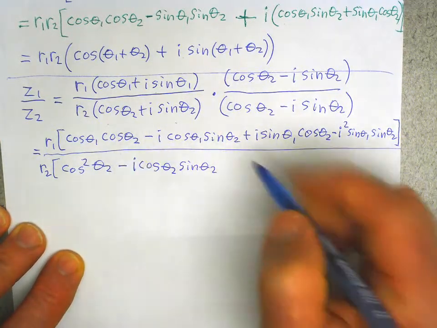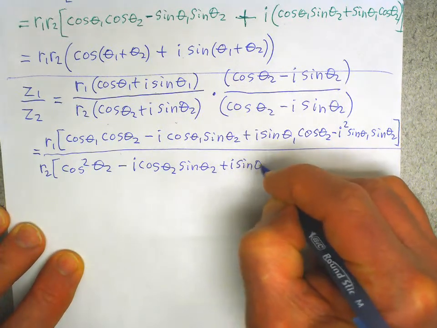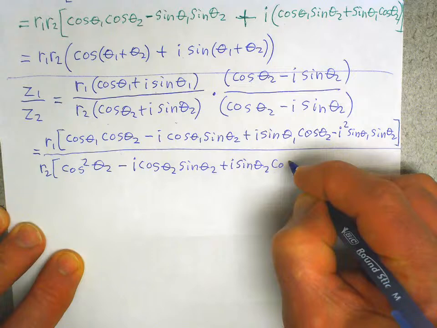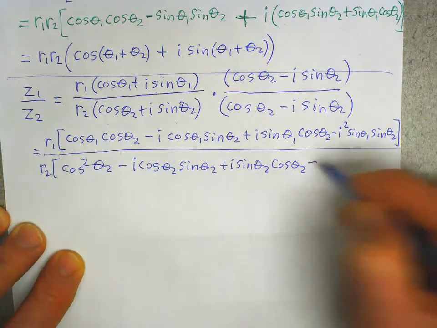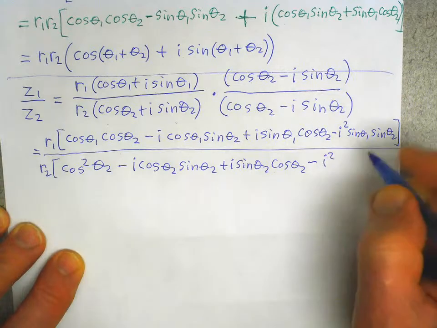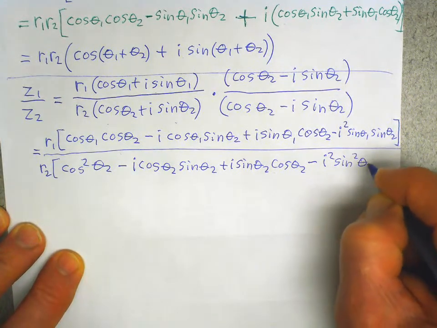And then I have plus i times sine of theta 2 times cosine of theta 2. And finally, I have minus i squared sine of theta 2 squared.